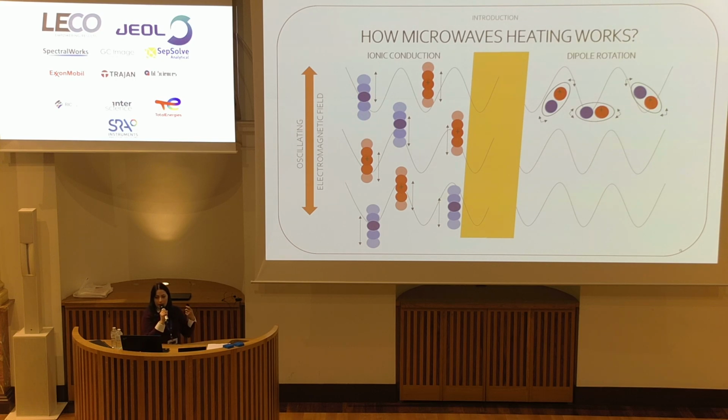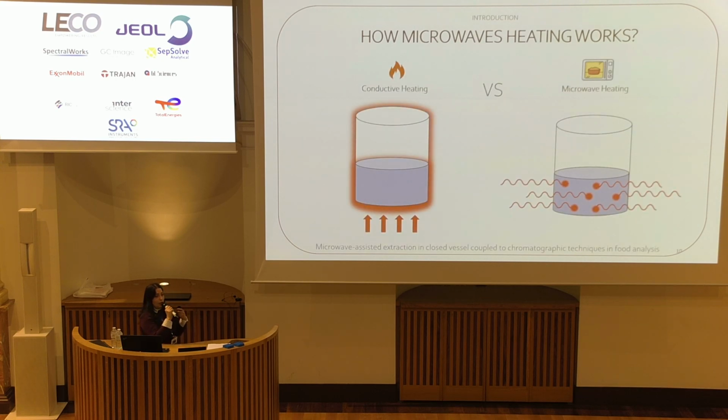This concept is, let's say, more understandable if we compare microwave heating with the conventional one, where basically the heat comes from the hot plate, then is transferred to the vessel, and then to the solution, while in microwave heating, the vessel is transparent to the microwave, and the solution is directly heated.